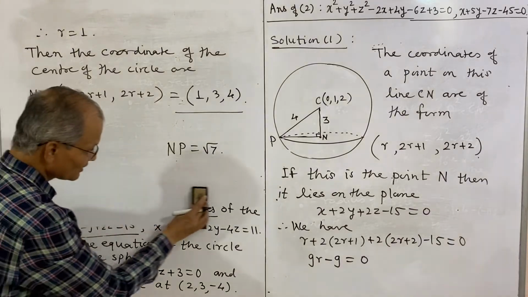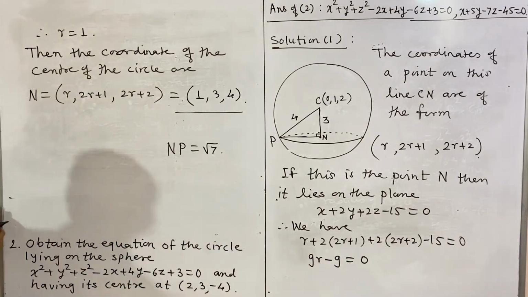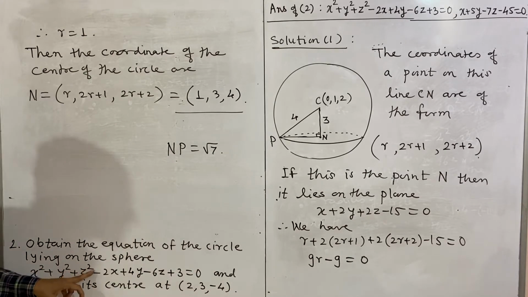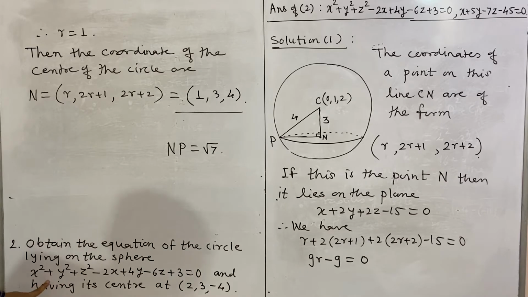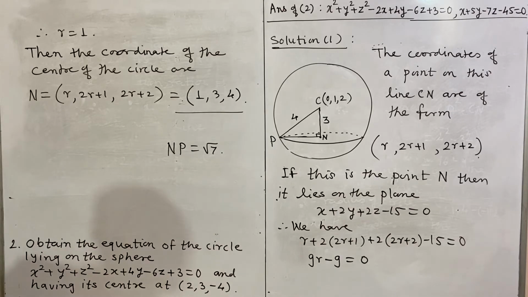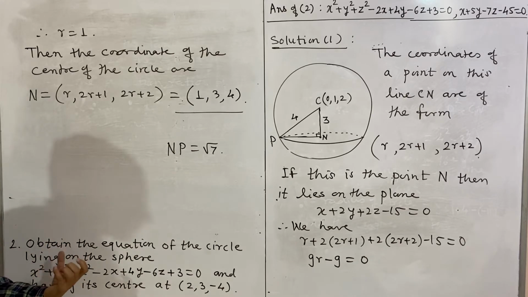Here I have written the second problem. You should try to solve this second problem. What is the second problem? Obtain the equation of the circle lying on this sphere and having its center at 2, 3, minus 4. This problem is the reverse of the earlier one.